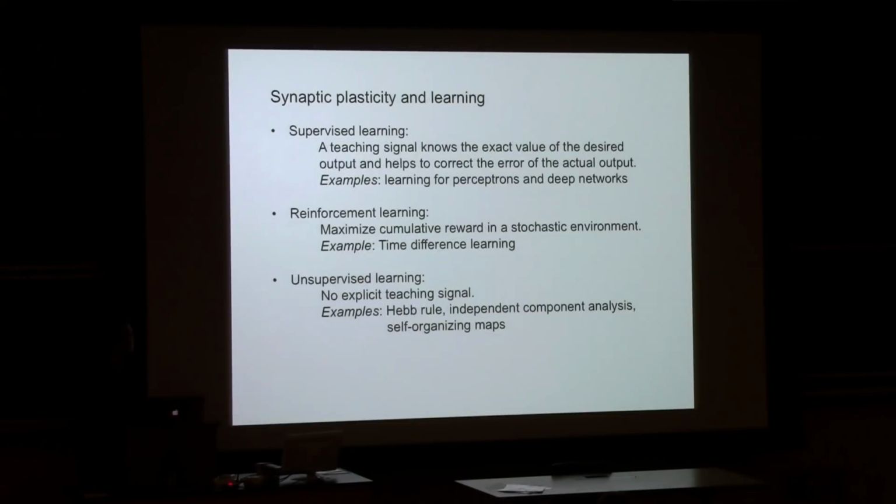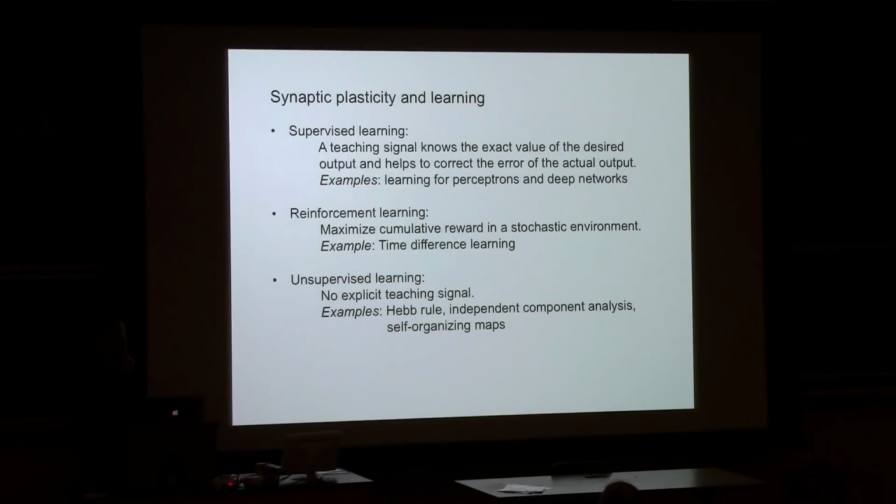All right. So there's another type of learning, in between. It's sort of like supervised, but not completely. Here you maximize some reward in a stochastic environment. The teacher doesn't tell you what your output should be at every step. It just gets rewarded at some time. So you do have a credit assignment problem.